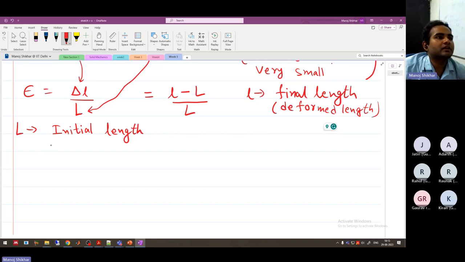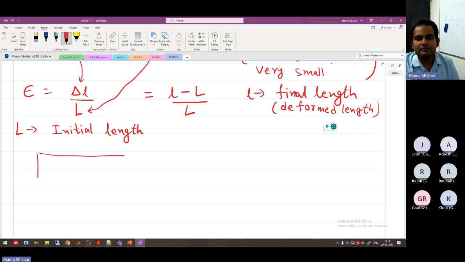Now, in school we have read that this is the formula for epsilon. But this was true for a bar, and there it was the global strain. Strains can be defined at points also, and we will see that in future.